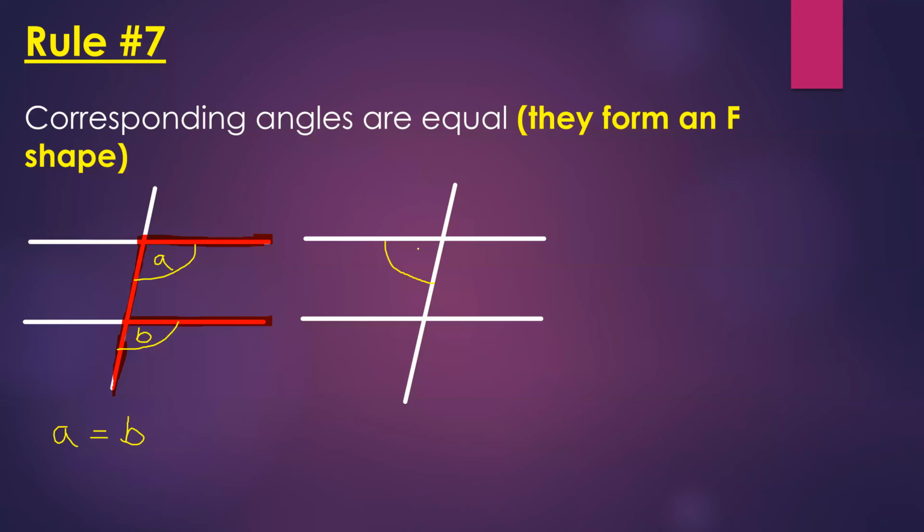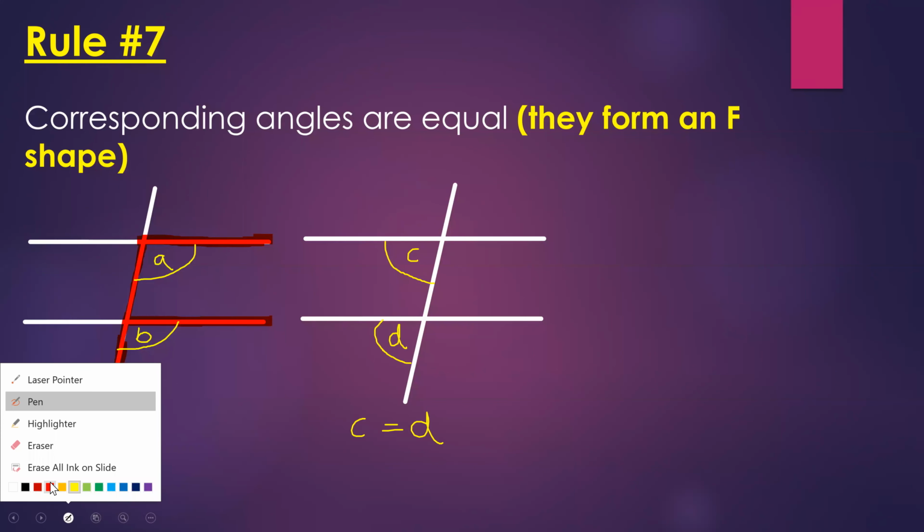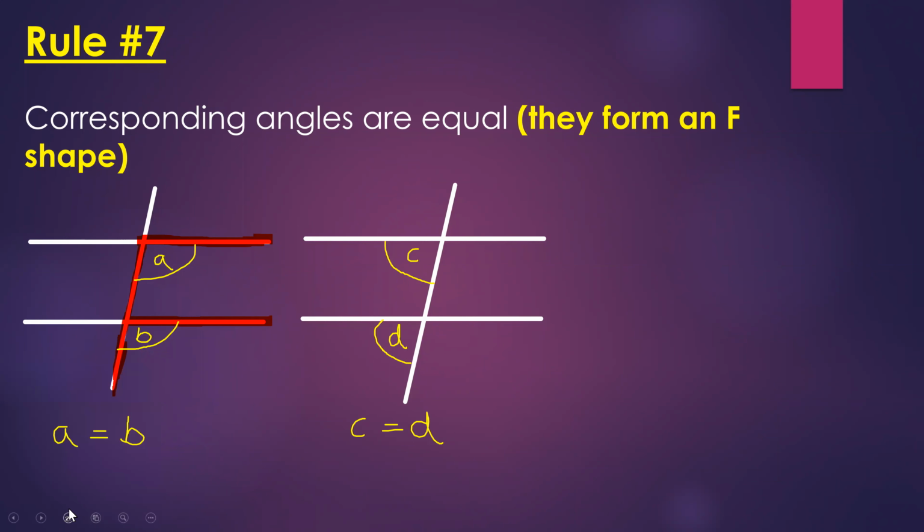Let's call this C and let's call this D. C equals D. They are corresponding angles.